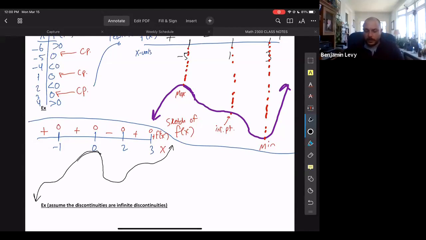Yeah, that seems okay. So there's an inflection point, a max, a min, and another inflection point. What do you think?